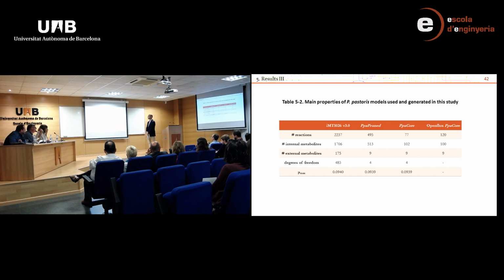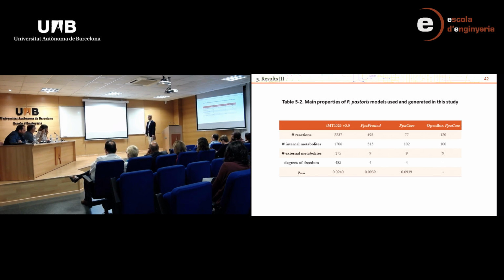Well, because this is just the same model that we used here, and we just added more reactions due to this reversibility. We didn't evaluate it.